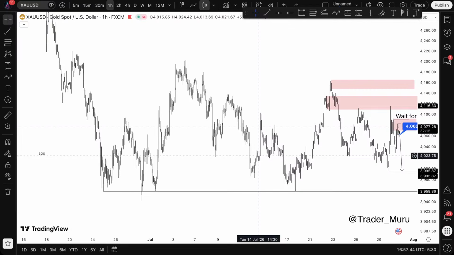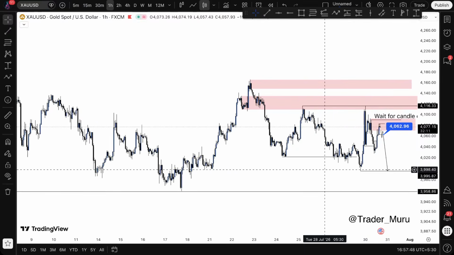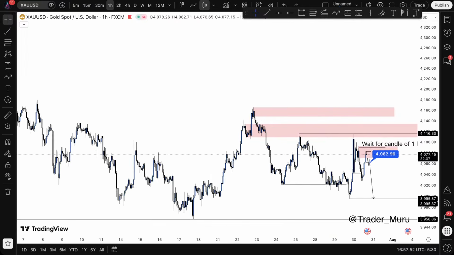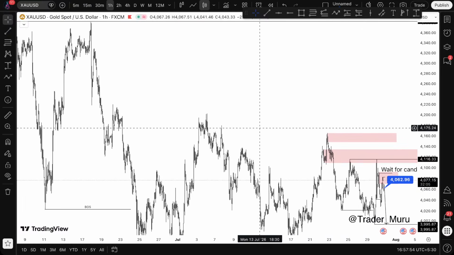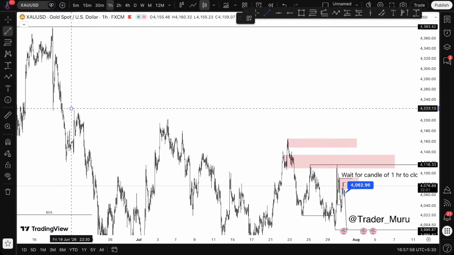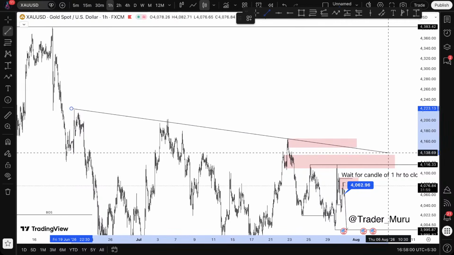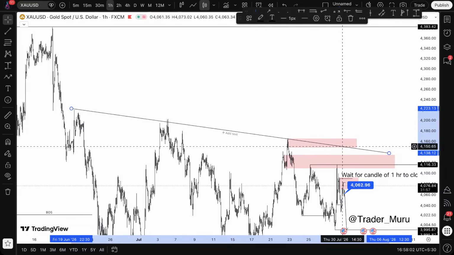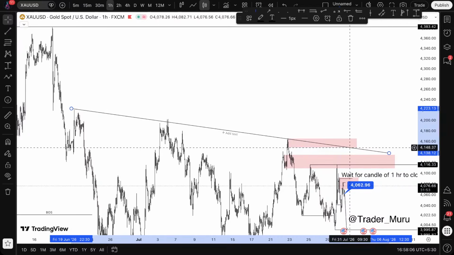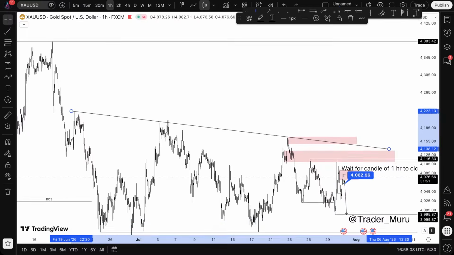H1 chart is almost going towards a bearish pattern already. Yes, H1 is clearly bearish. The highest thing we can expect right now is a test of this upper trend line, in case we have a sweep to test the upper trend line and start dropping again.